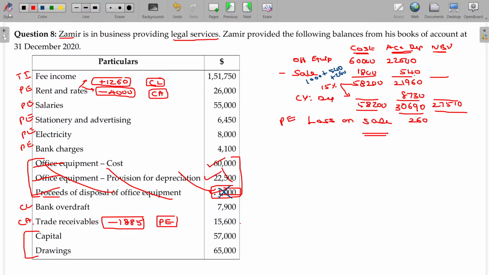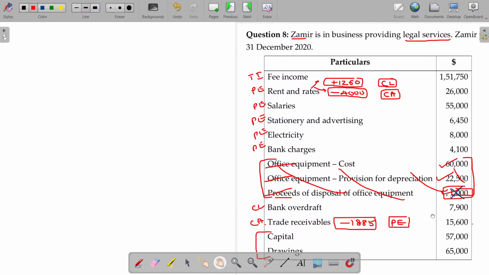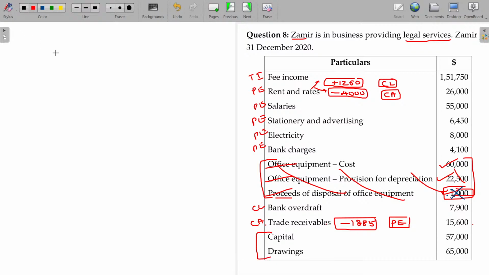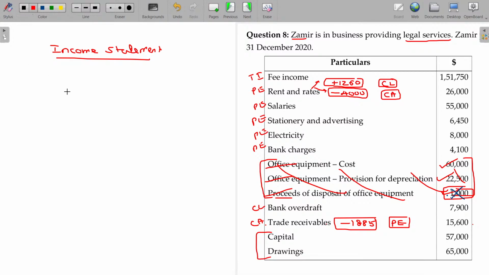Okay. Let me now prepare the income statement on this side. Don't forget to adjust the depreciation and this one. Fee income, we start with fee income: 1,51,750.